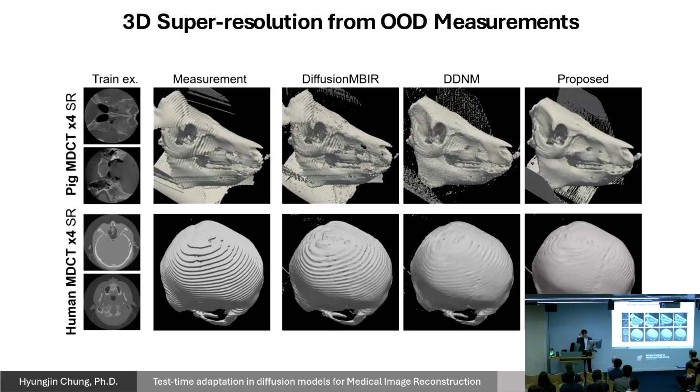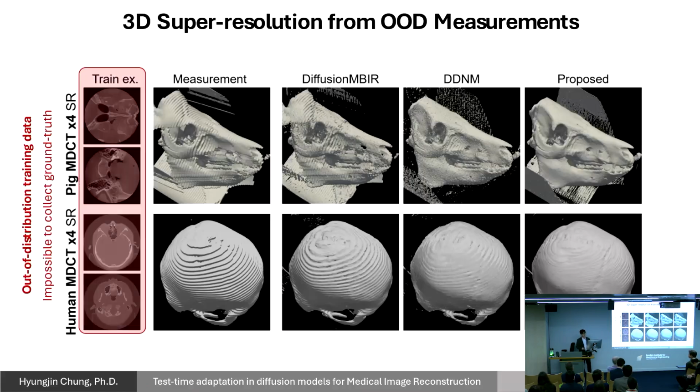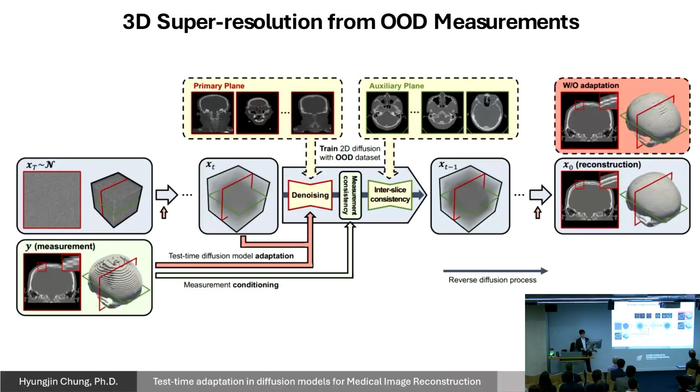We had no way to acquire a high-resolution CT scan in the z-axis, so this neurosurgeon wanted us to super resolve it in the z-axis. But obviously, since we don't have high-quality data, we had to use some out-of-distribution training data, so we went ahead and tested how we could use this D3IP idea for these kinds of measurements.